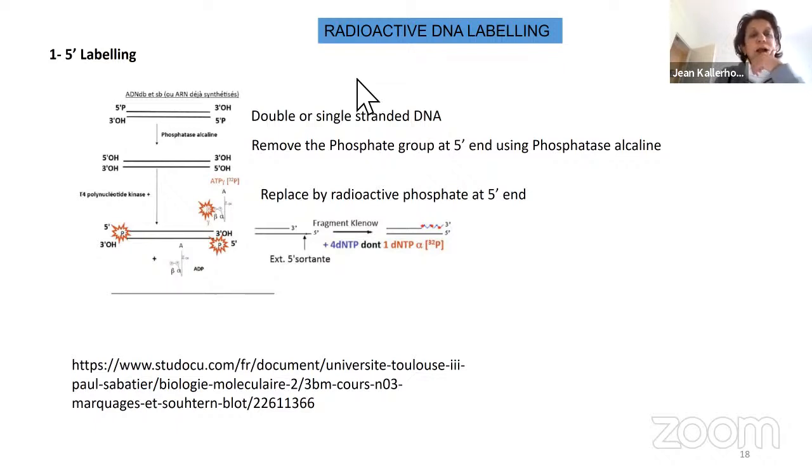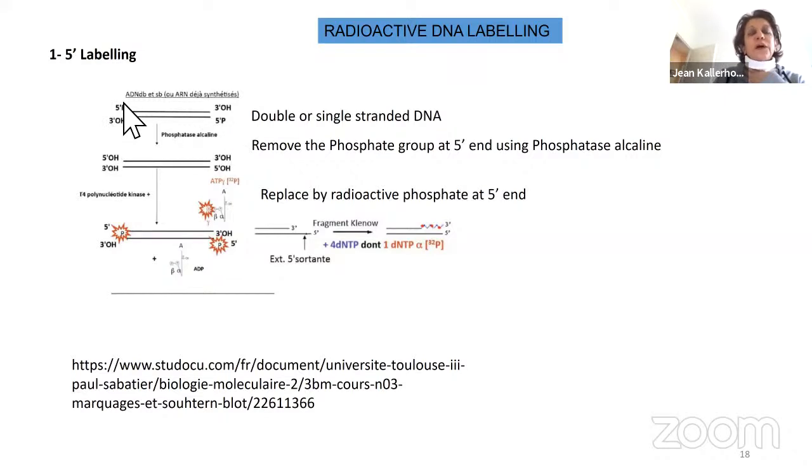So you can label at the 5' end. You know that double-stranded DNA is oriented 5' phosphate, 3' OH, hydroxyl, and here it's 5' hydroxyl, 3' hydroxyl, and 5' phosphate.